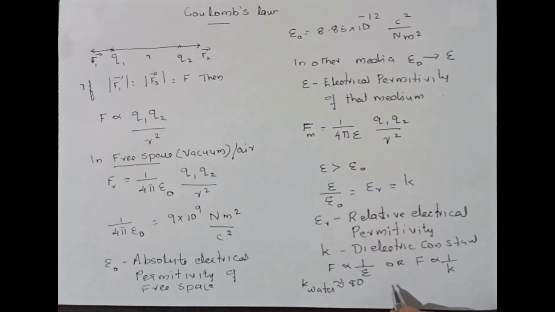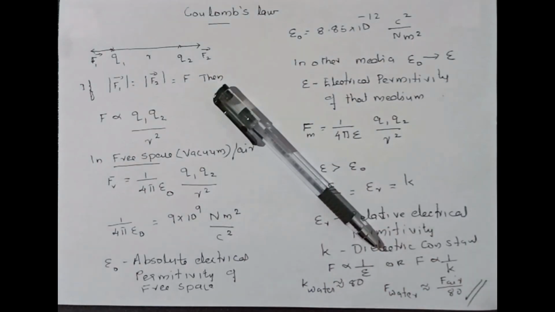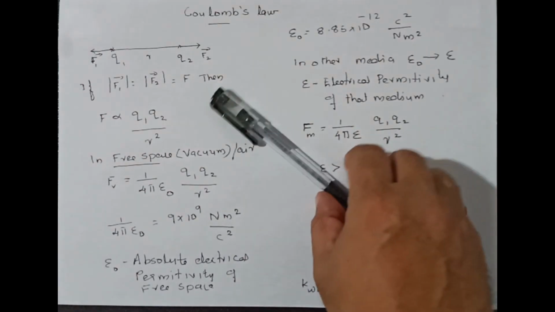For example, in case of water, the dielectric constant or relative permittivity is approximately 80. So what is the effect of this high dielectric constant on the electrostatic force? We can say that this epsilon will be 80 times greater than epsilon naught.